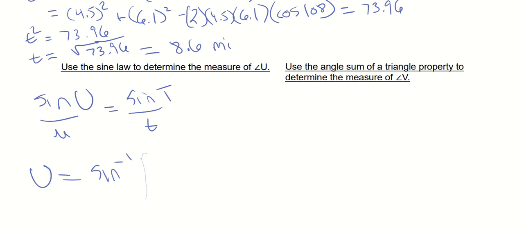And then over here, this goes up here because I multiplied both sides by u. Then you're gonna end up with u here, sine t over small t.